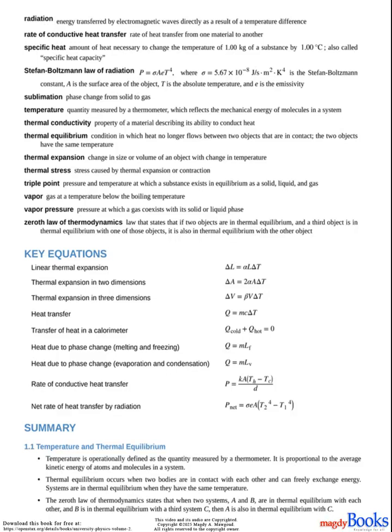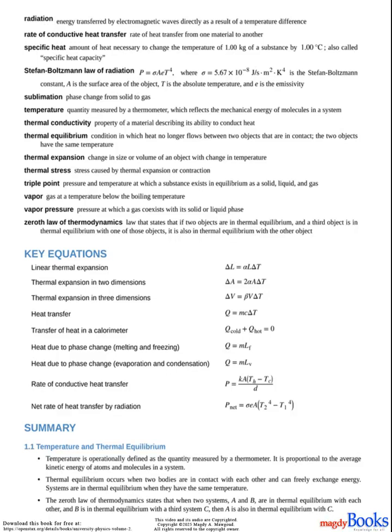32. Specific heat. Amount of heat necessary to change the temperature of 1.00 kg of a substance by 1.00 degrees Celsius, also called specific heat capacity. 33. Stefan-Boltzmann law of radiation.